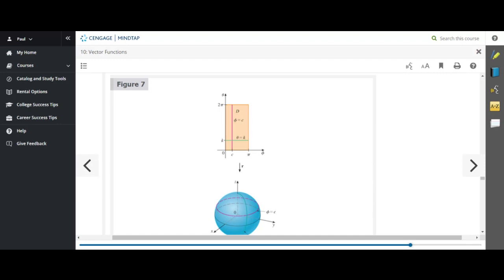In this sphere below, the grid line phi equals c is that circle. Remember, phi is measured from the positive z-axis. So it's like what they're doing. I'll show you here. That's correct, Ellie. That's exactly right.